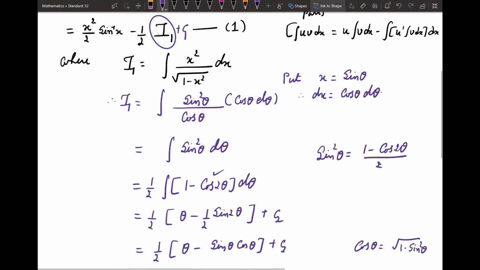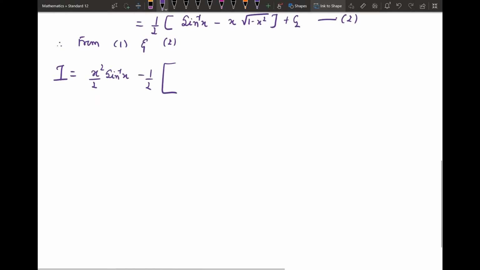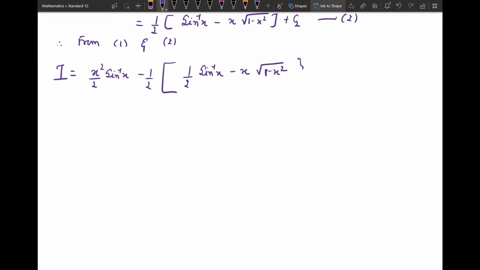So we put the value for I1: 1/2 of sin inverse x minus x under root 1 minus x square, plus c1 plus c2.